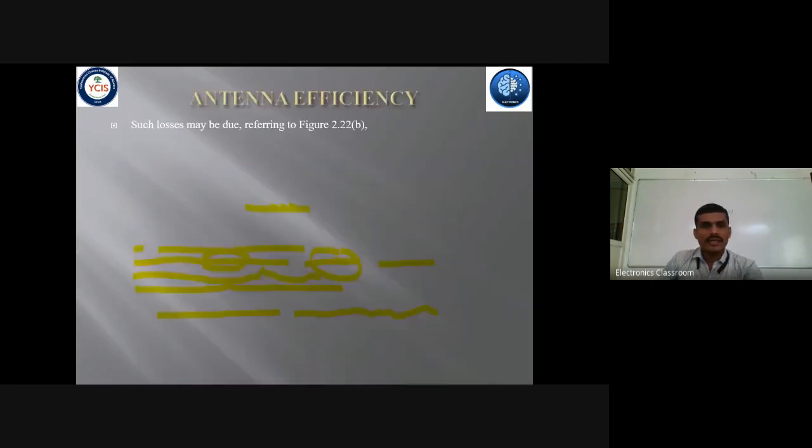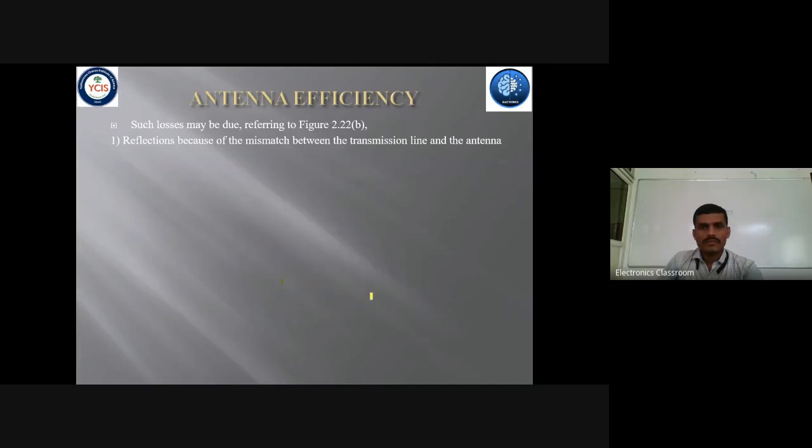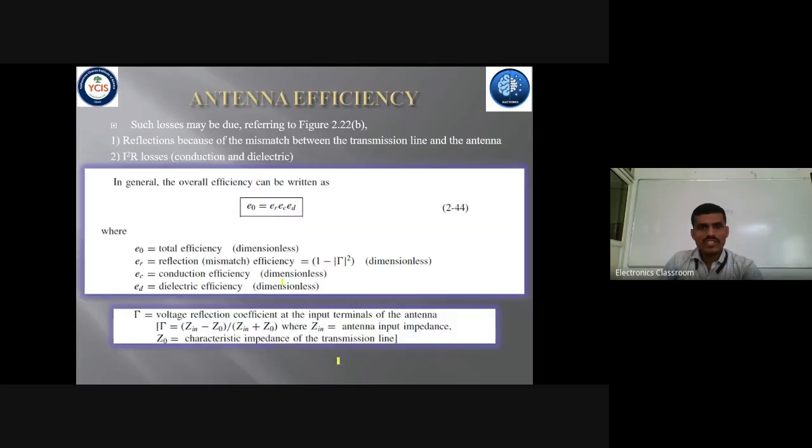After that, it should be calculated by using input impedance minus characteristic impedance divided by input impedance plus characteristic impedance.